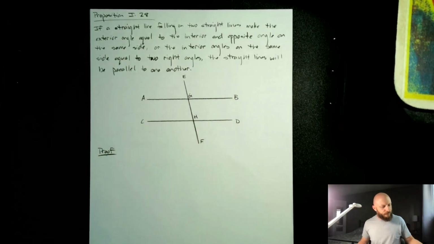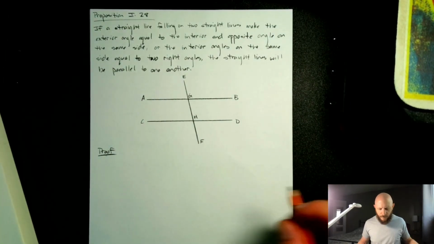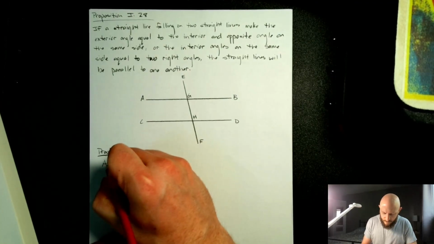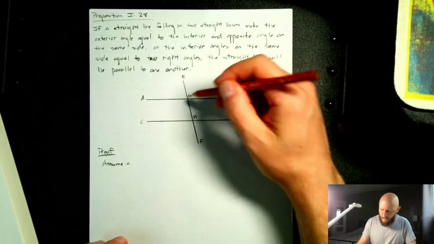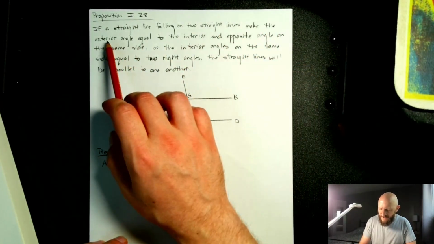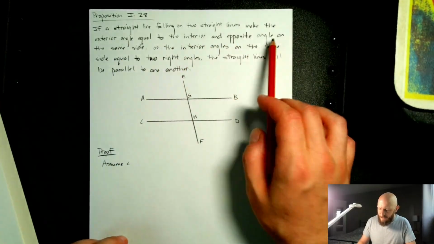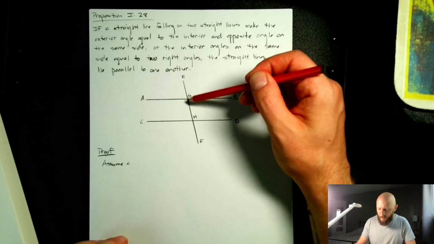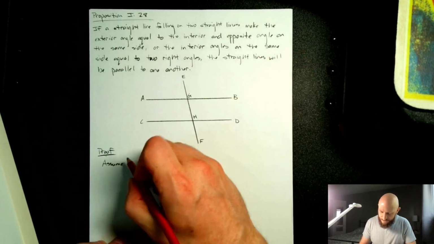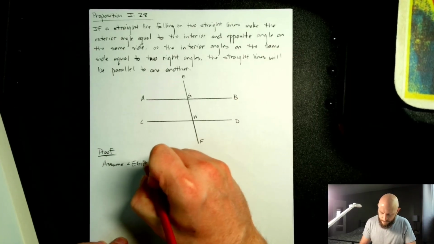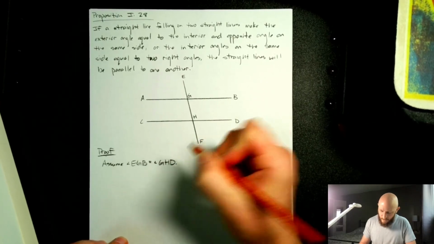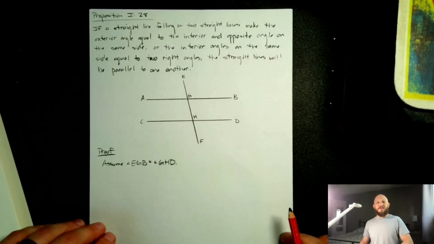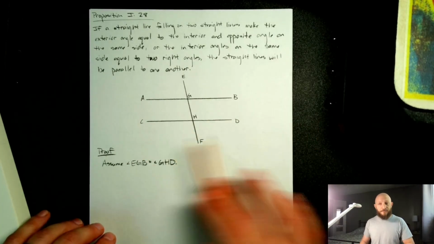Proof. All right, so we'll start off by assuming the situation where the exterior angle is equal to the interior and opposite angle. So we're going to assume that angle EGB is equal to GHD. And then the conclusion should be that AB is parallel to CD.